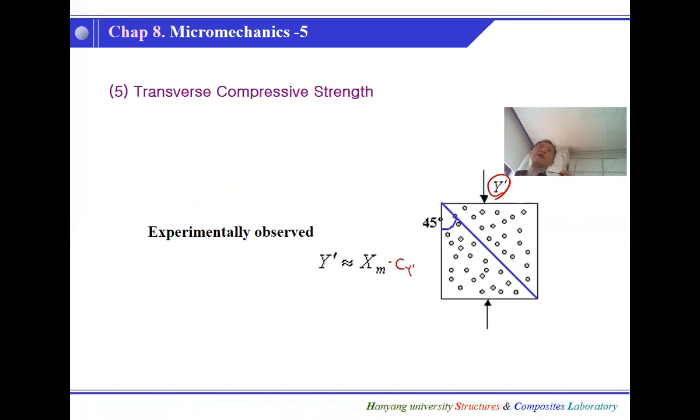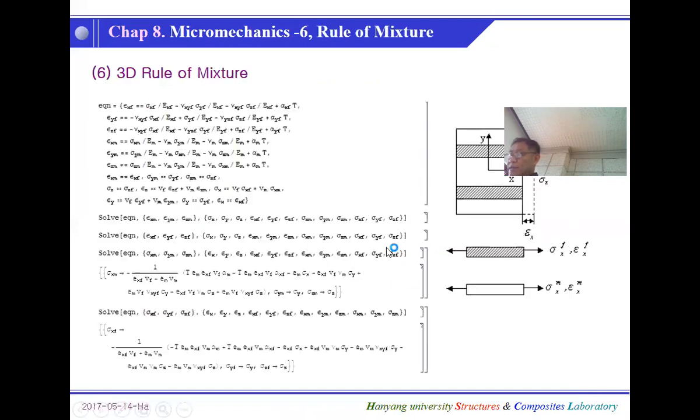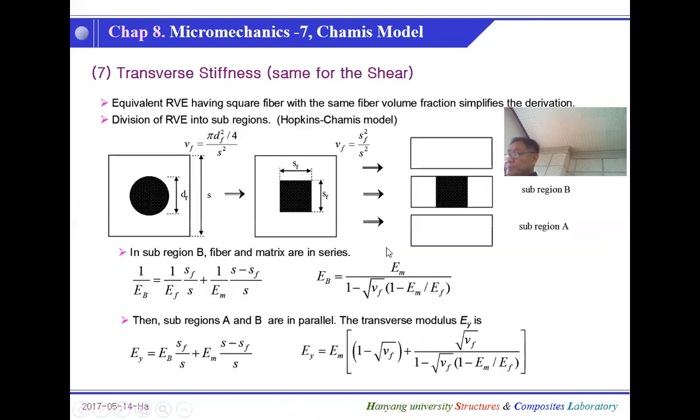Well, yes, we know that prediction of strength is not easy. Prediction of stiffness is relatively easy and straightforward, but prediction of strength using rule of mixtures, especially using this kind of simple rules, is not easy. But you can just program like that. And this one, you can think of different types of fiber arrangement.